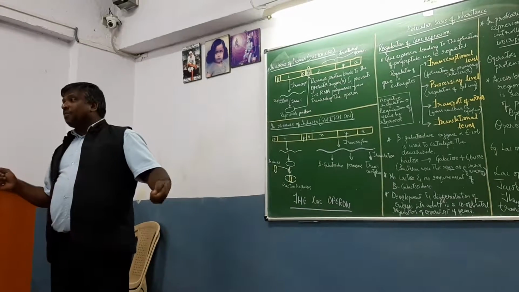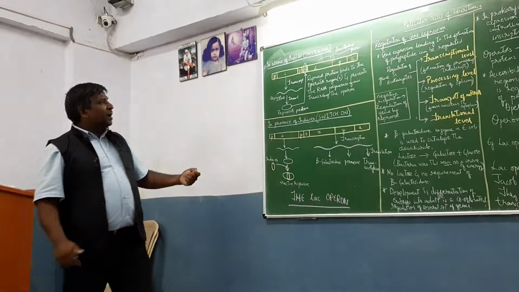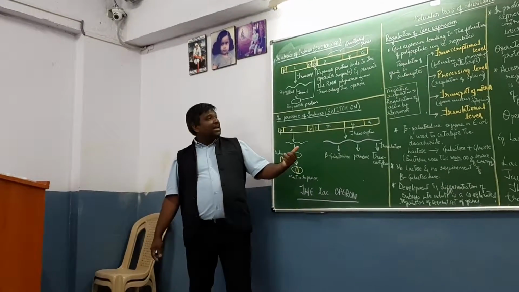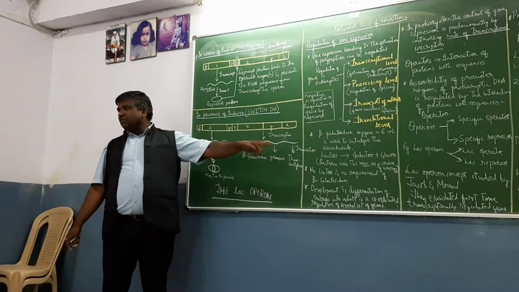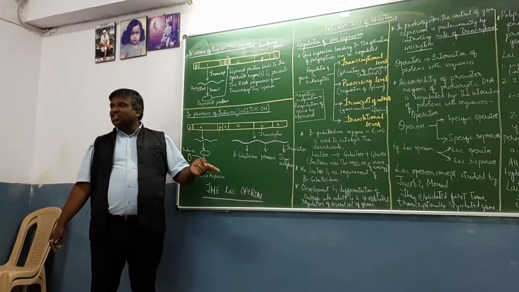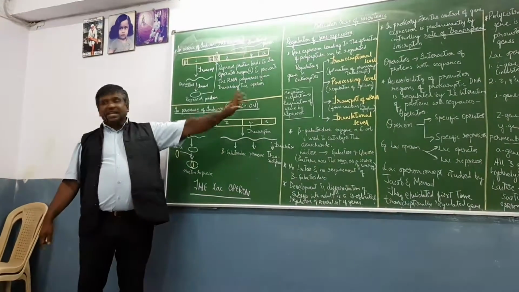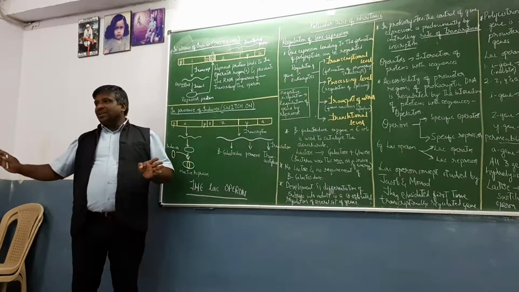So we call it an operon concept. In particular, this is negative regulation. Regulation of gene by repressor protein, we call it negative regulation. Lac operon alle positive regulation, that is not there for our syllabus.